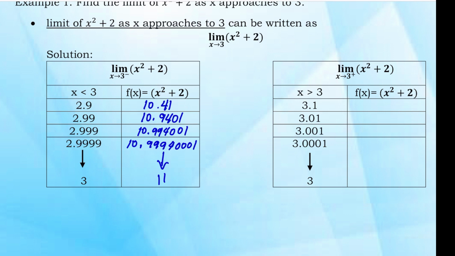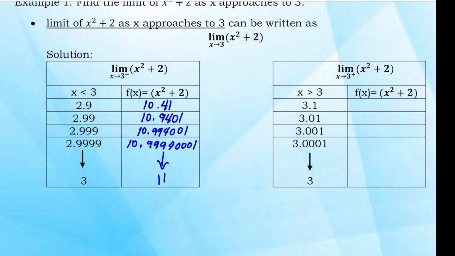The closest number on the right side of 3 is 3.1. Getting closer to 3, we can use 3.01, more closer, 3.001, and getting closer, 3.0001. So it is more approaching 3, and we're going to use these values to evaluate the function.